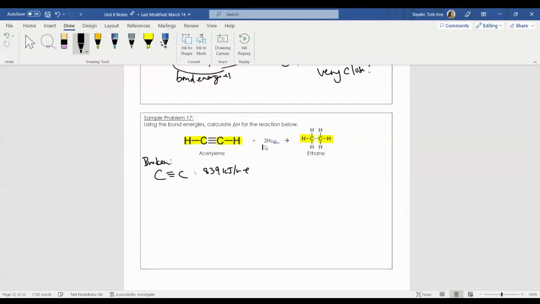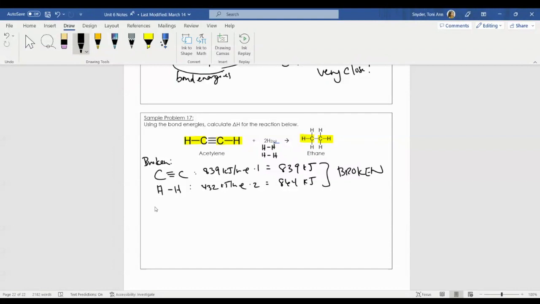I also have two H2 molecules, so I also have to break two hydrogen single bonds. H bonded to H gives me 432 kilojoules per mole. But I got to times that by 2, times that guy by 1. So this is 839 kilojoules. And 432 times 2 is 864 kilojoules. These are the bonds that are broken.